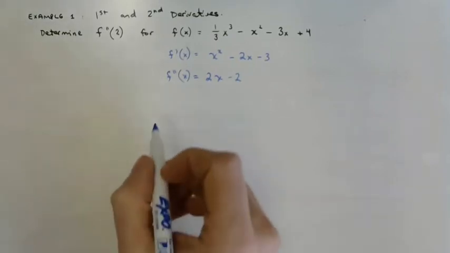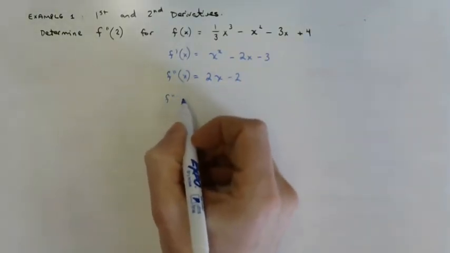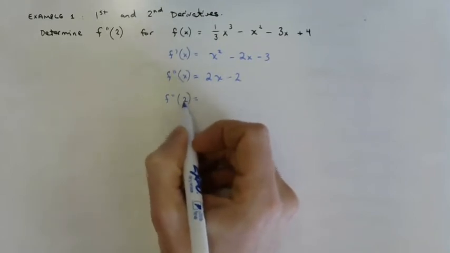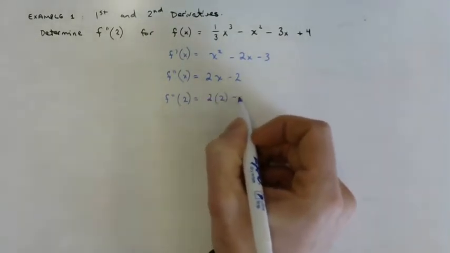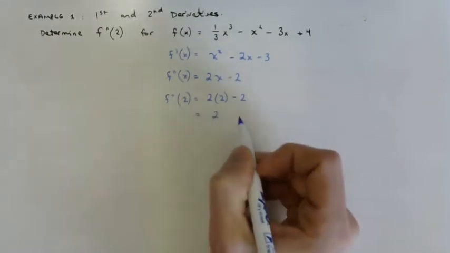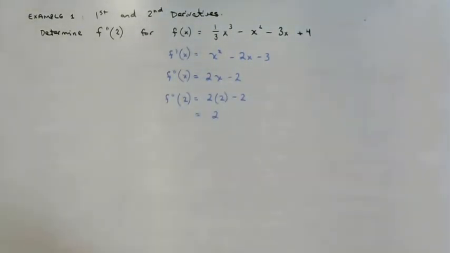Next step. Sub in 2 everywhere we see x. So now we have f double prime of 2. It's 2 times 2 minus 2, which is 2. Hopefully all the 2's aren't confusing. That wasn't super difficult.